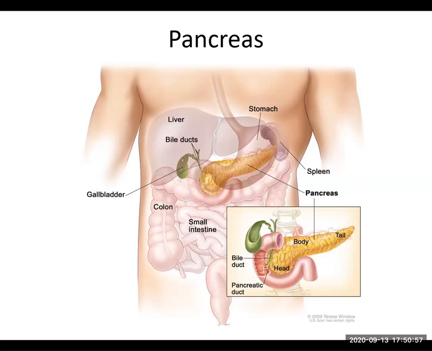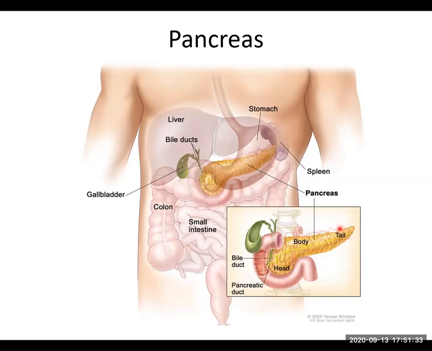You can see that this pancreas has ducts. These ducts open to the intestine, so this digestive enzyme will be guided into the intestine, and here they act. They help our body to digest all sorts of food, proteins, carbohydrates.